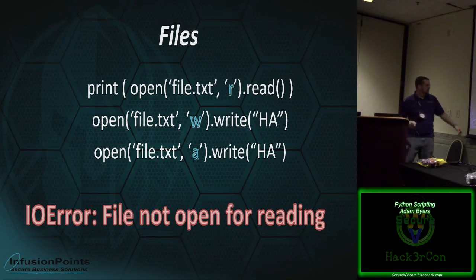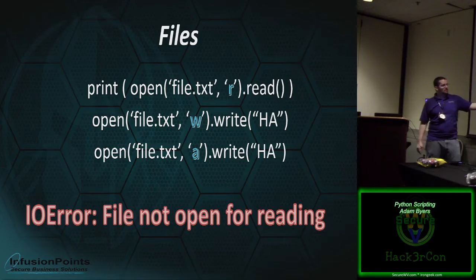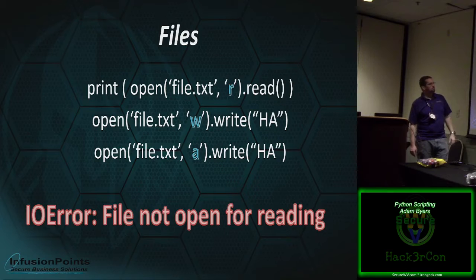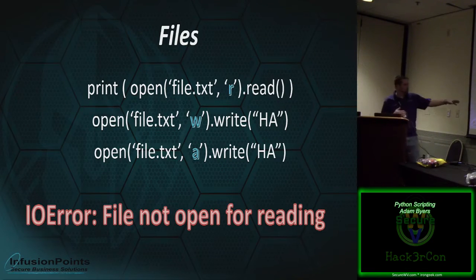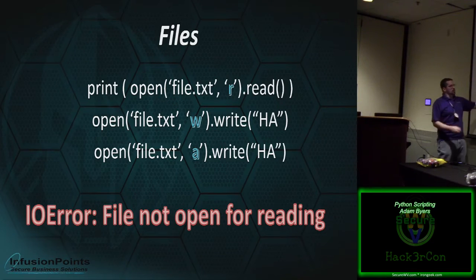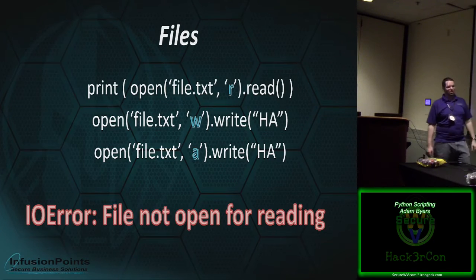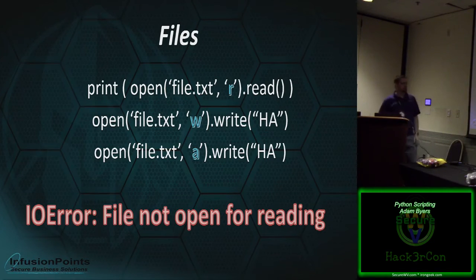This is an I/O error: file not open for writing if you can't write to it, or reading if you can't read from it. So no deer in headlights if we see this, right? We know what this means. We just have to look at the permissions, maybe look at the way we're opening the file. If we didn't put the W in there and we're trying to write to it, you'll see this or a variation of it.